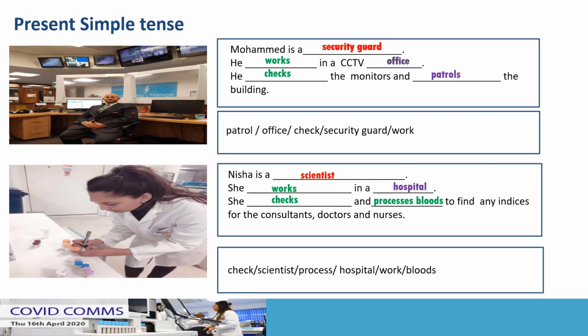So if we can look at the tables here, we've got the verbs in green. And we can see that the verbs have all got an S because these are used for third person singular.